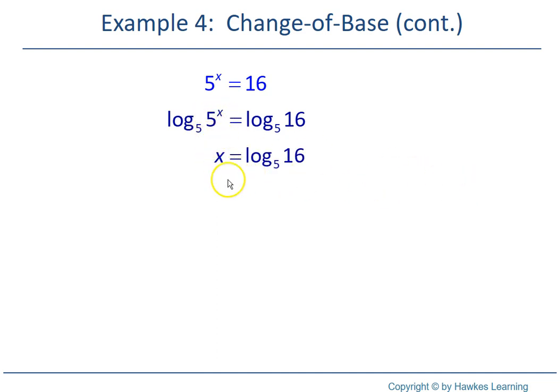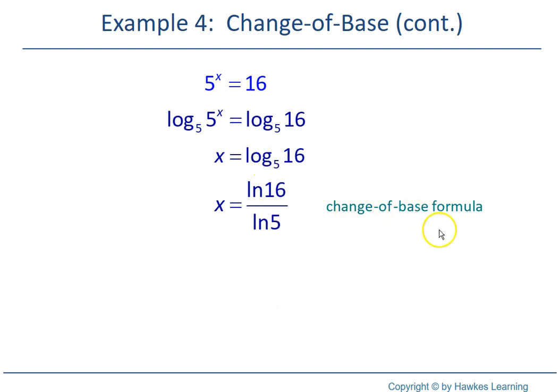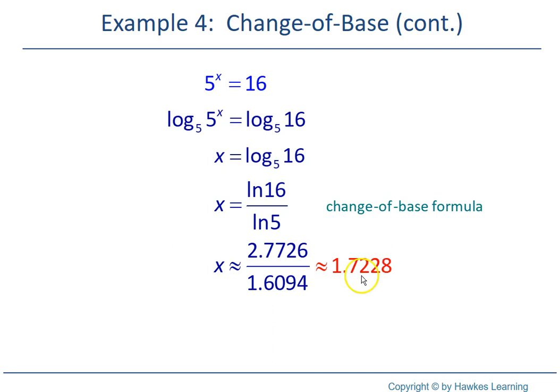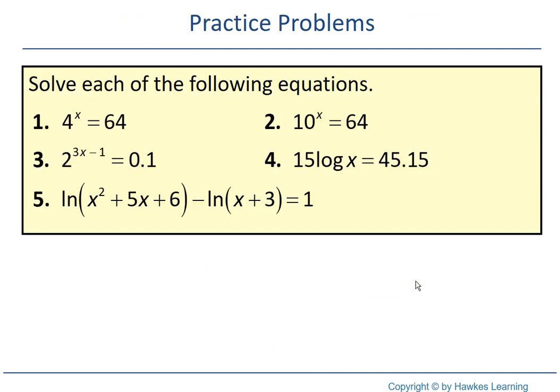So we get x then on this side equals this. Now they're going to convert it to natural logs. The natural log of 16 divided by the natural log of 5 here. Change of base formula. And then when you convert this, you get this, divide it, and it rounds off to 4 places. Wow. Okay, well, these are some more problems.